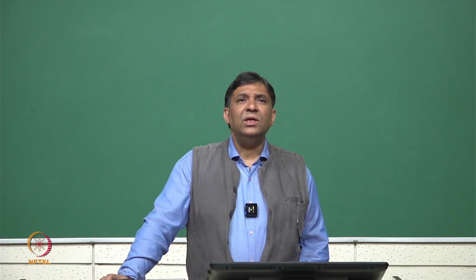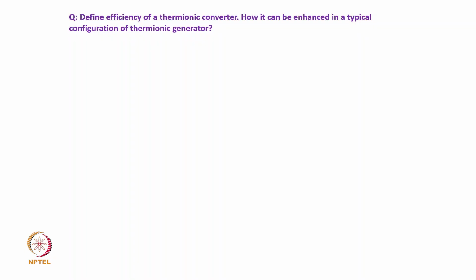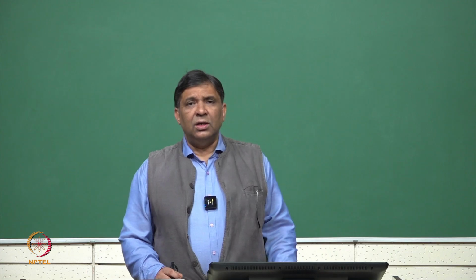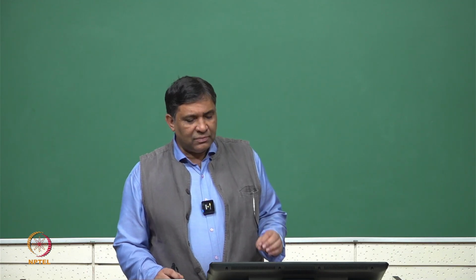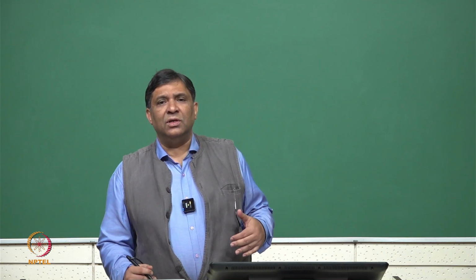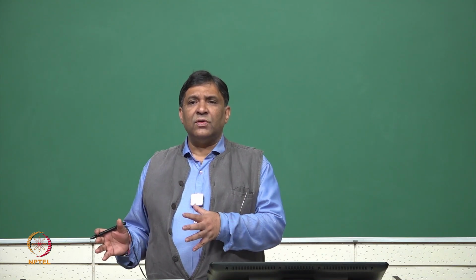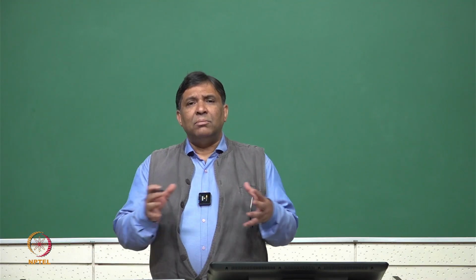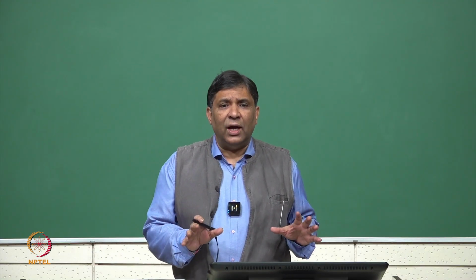Define the efficiency of a thermionic converter, and how it can be enhanced in a typical configuration of a thermionic generator. I have already discussed the voltage, how much voltage one can get. So, when we come to efficiency, how do we define efficiency? Efficiency is always the power generated divided by some quantity which is causing that.